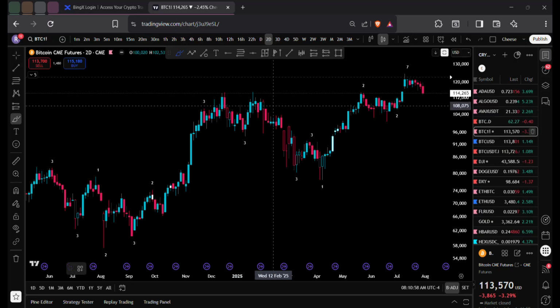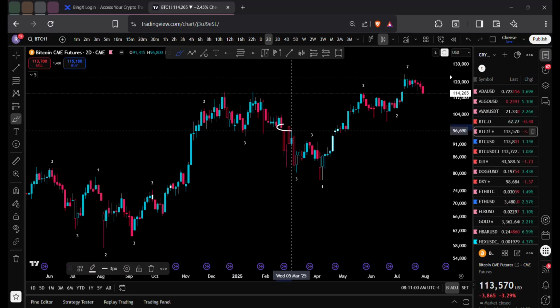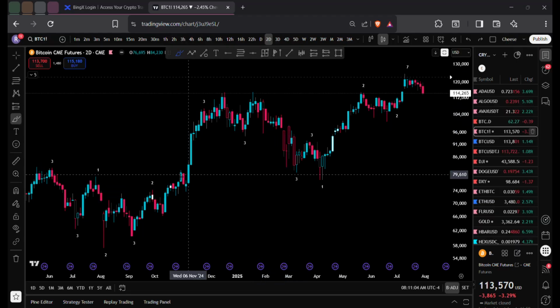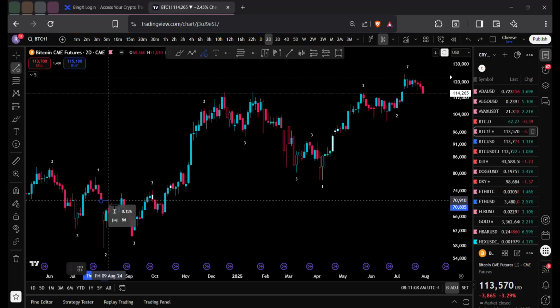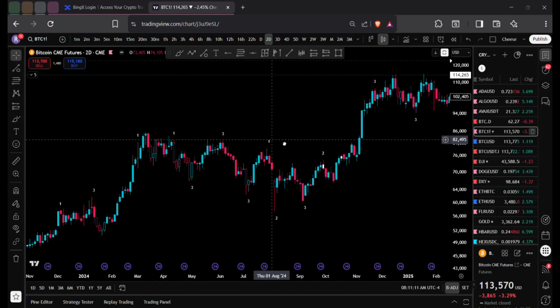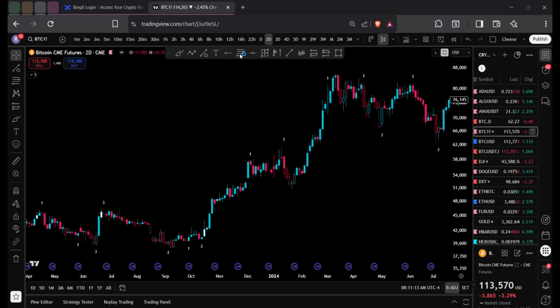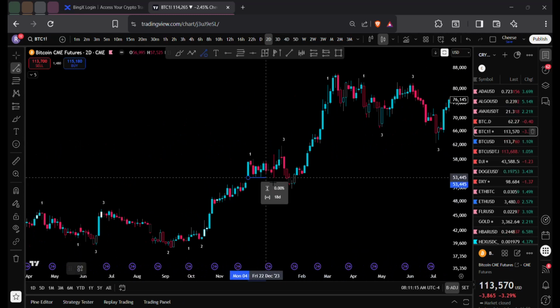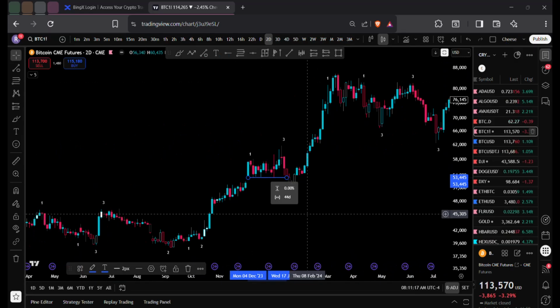Just to give you a few examples, this one got filled literally a couple of days later. This one got filled 8 days later, right? There are some that get filled 44 days later.